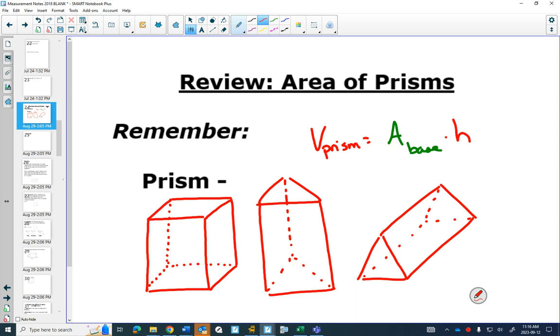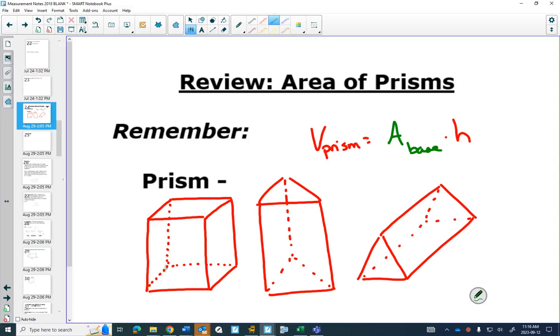I find that color coding helps you make connections and it helps you learn. So on your formula sheet, it says that the volume of your prism is area of the base times the height. And the reason I did area of base in green is because I'm going to take up my crayon pen, which is one of my favorite things to do, and color in the base in green.